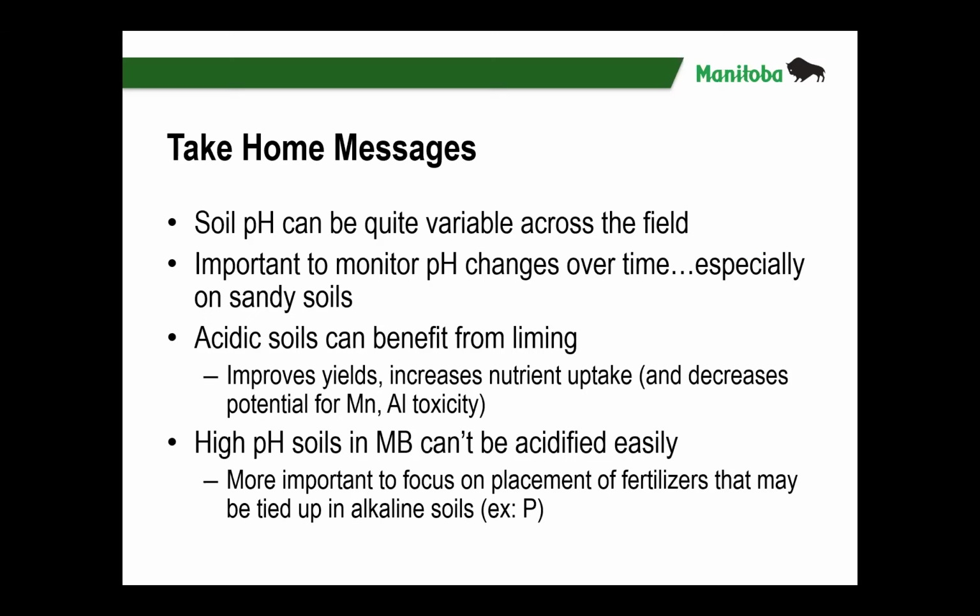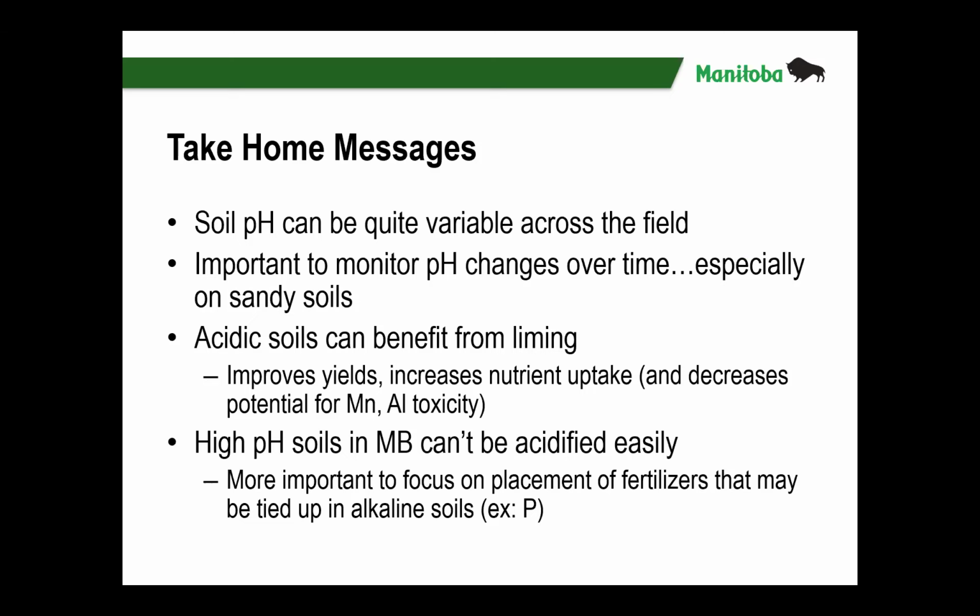So a couple of quick take-home messages here. Soil pH, again, can be very variable across the field. We want to think about where we're looking, and we want to watch for these patches that can show up over time, especially on sandy soils. If we're growing high nitrogen-loving crops and using high nitrogen fertilizer, that can decrease that soil pH over time.